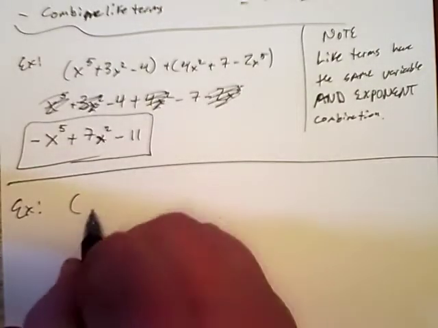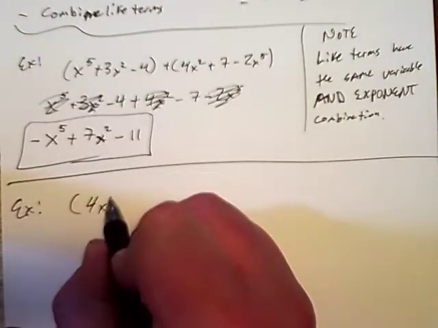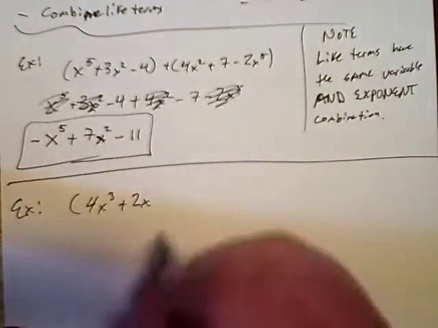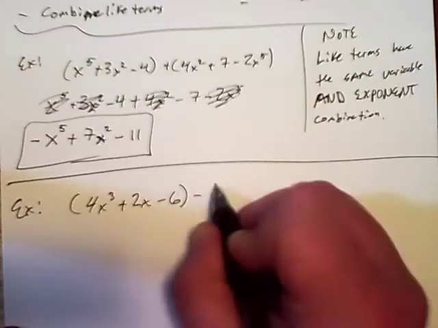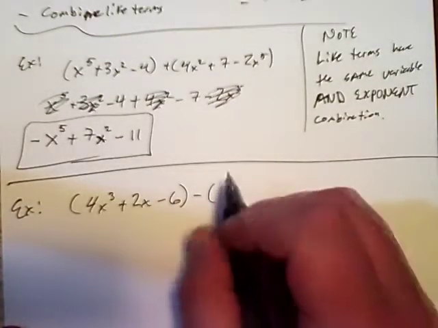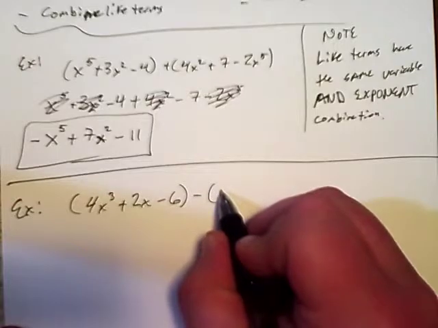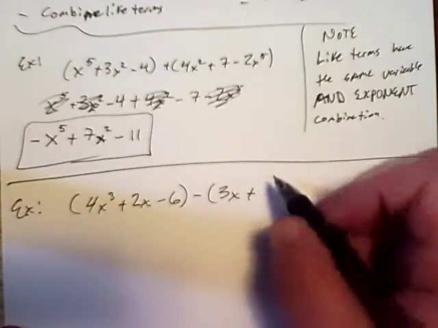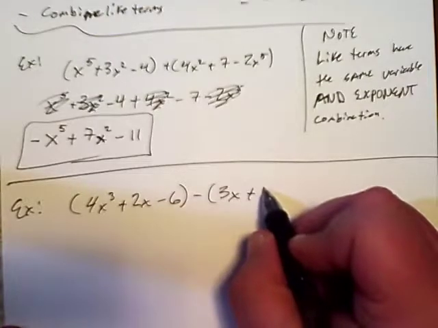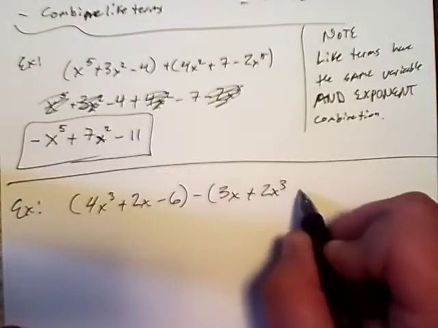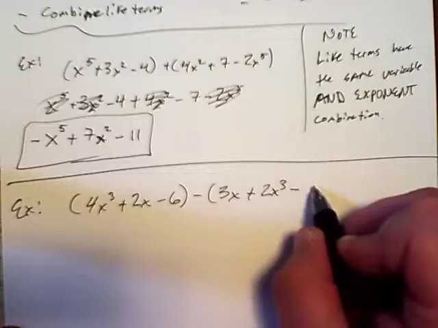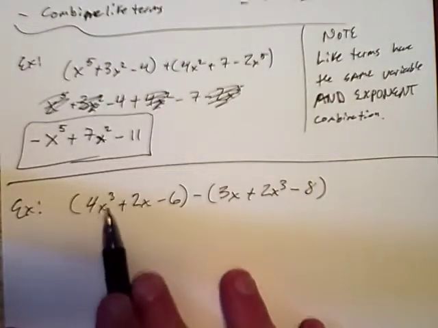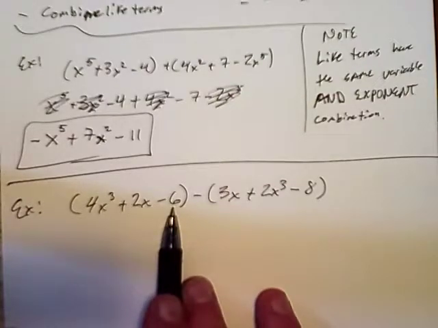What happens if I have 4x to the third plus 2x minus 6?